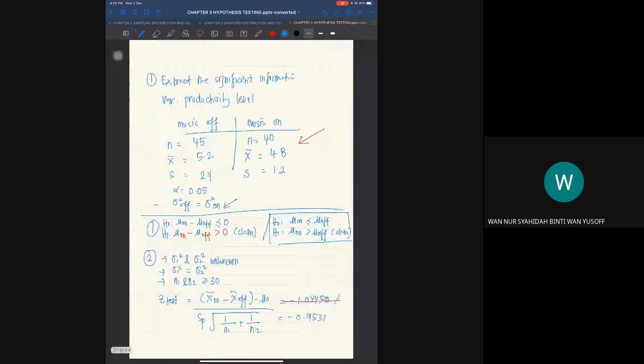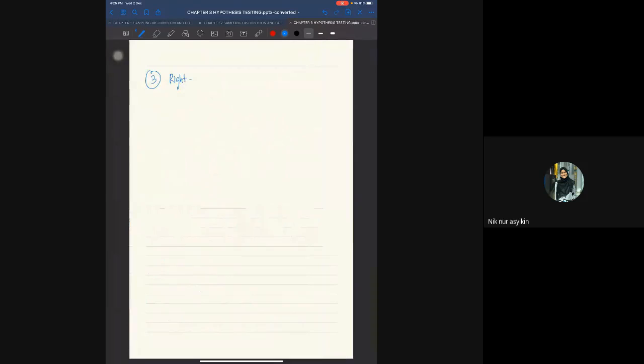The type of hypothesis here is what? It is right tail. Do we need to divide alpha by 2?